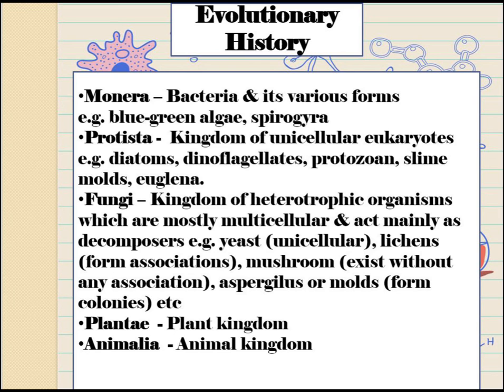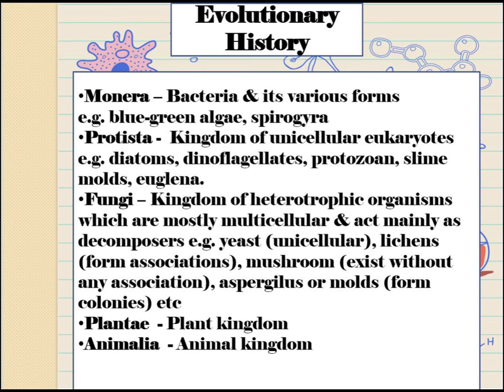So we need to wait for maybe 50 years, maybe 100 years, maybe 100,000 years to know life's history and how we came on Earth. Anyway, we have to know the evolutionary history, because we have to give the exam.